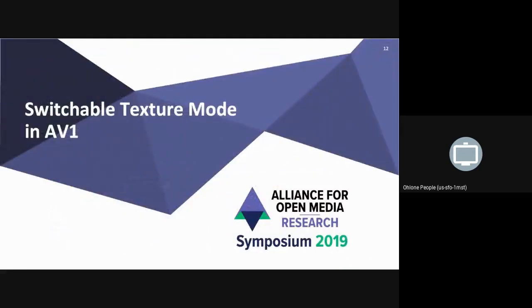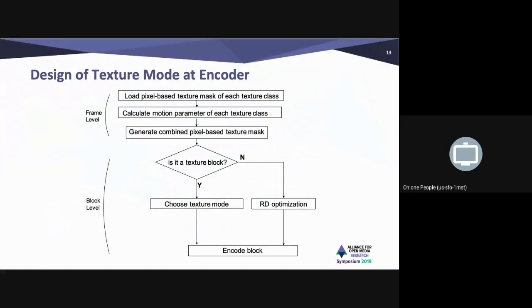Next, I want to talk about how we enable the texture mode as switchable in AV1. Here is an overview of the texture mode design at the encoder side. We have a frame-level decision and a block-level decision. At the frame level, from our spatial analysis we have the masks for the regions where we can enable this texture mode, and we can then calculate the motion parameters for these different regions.